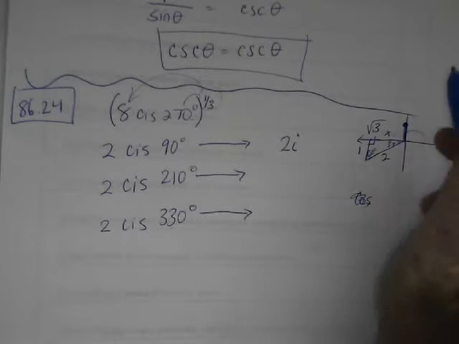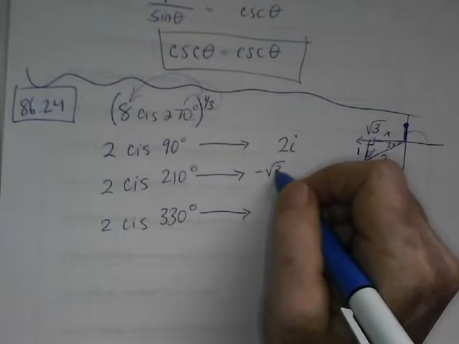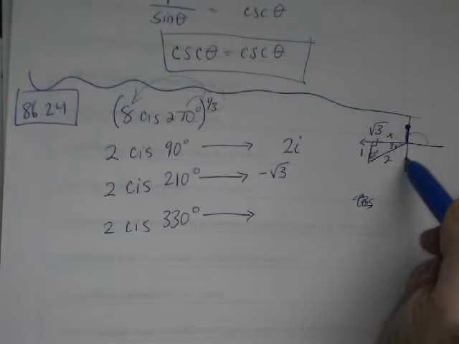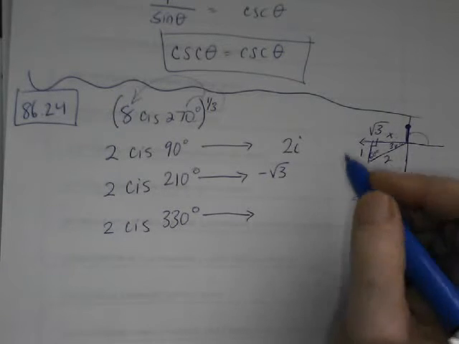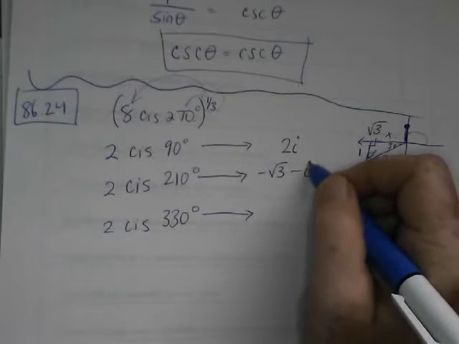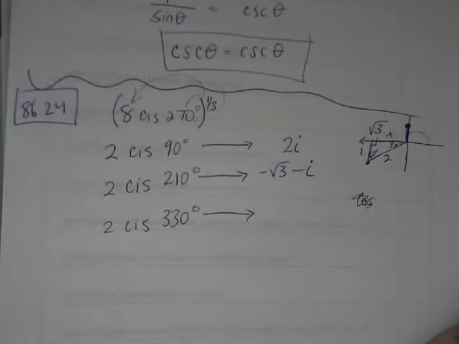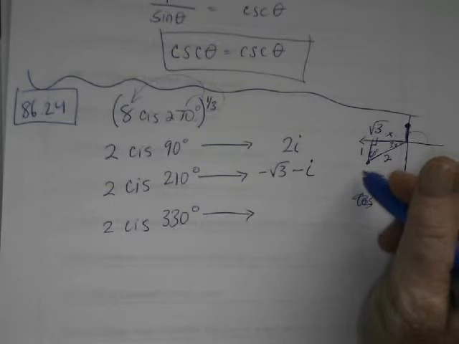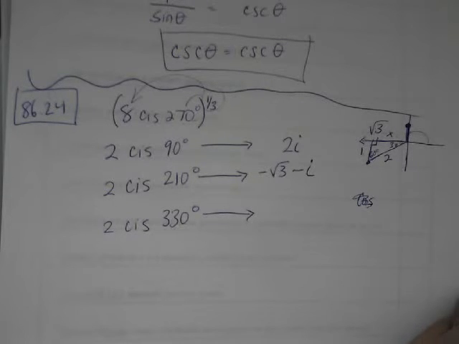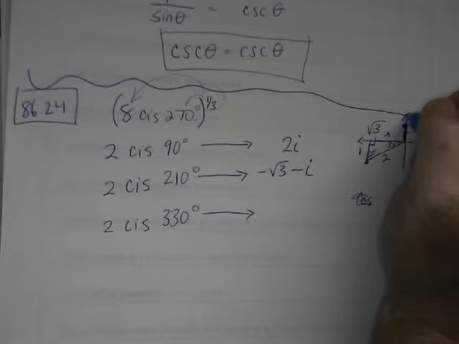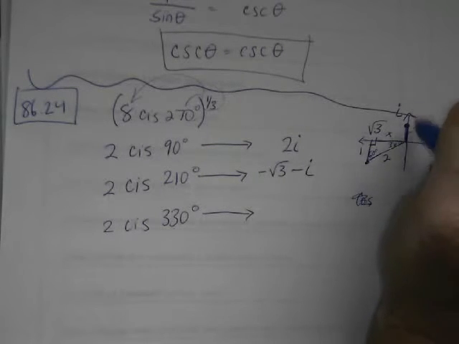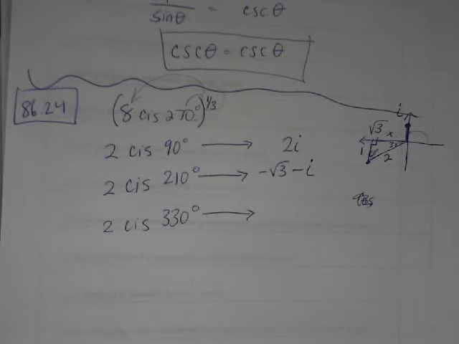So I'm going to say that I moved left by root 3, and then I moved down by 1. So it looks like that. Or in other words, this ordered pair would be negative root 3, comma 1. No, it would be negative root 3, comma negative 1 if I did want to write an ordered pair for that. But we're calling the y-axis the i-axis because it's the imaginary.